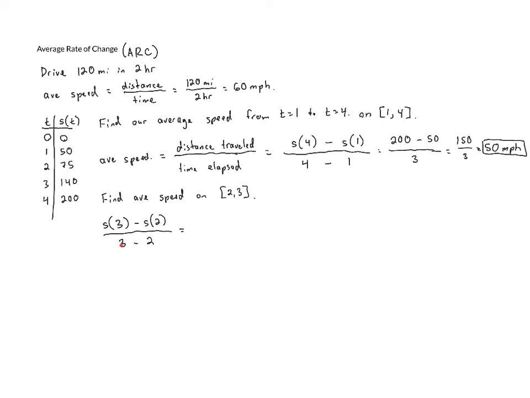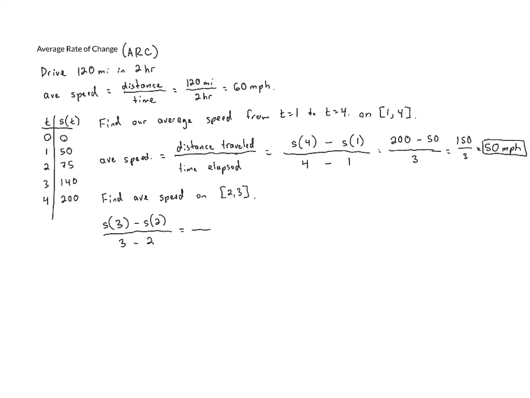It might seem weird for you to write it out like this, when you could just look here and figure out the distance that we've traveled and the time that's changed over that interval. But I want to do it like this because this is expressing it in terms of our function, and we're going to be looking at functions more later, so I want to get in this habit.